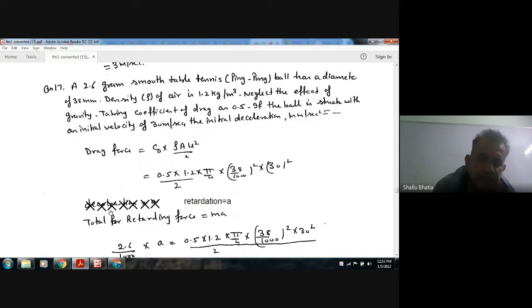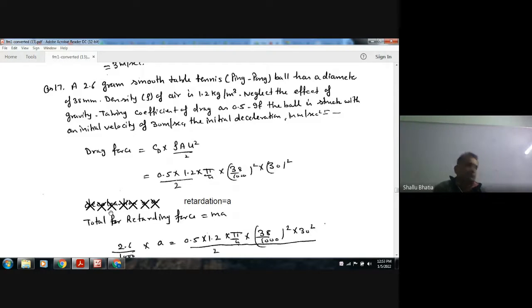So here the density of air is 1.2, the mass of the ball is 2.6 gram, and the initial velocity is 30 meter per second. And the diameter of the ball is 13 mm.